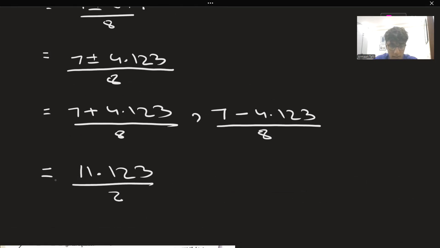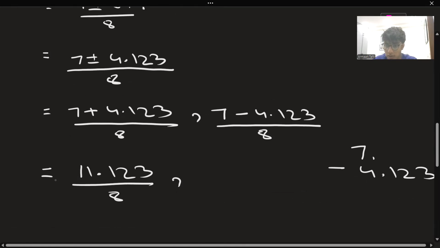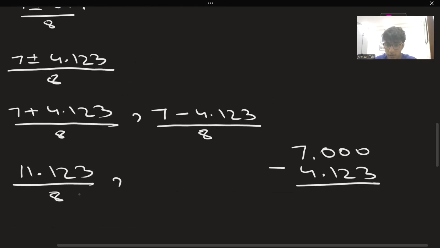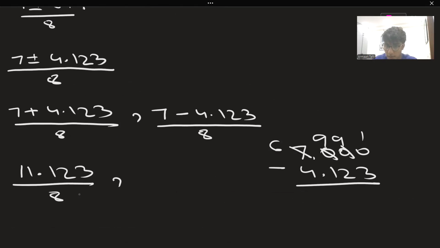11.123 divided by 8, comma, 7 minus 4.123. I'm going to solve them right in front of you, so I won't use a calculator myself. 10 minus 3 is 7, 7, 8, 2.877.